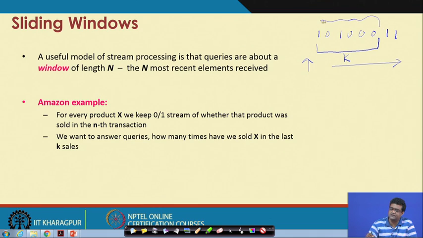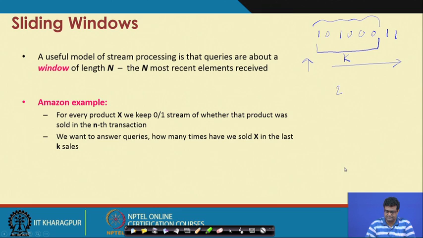How many times was this item sold? Somebody is browsing this item, and how many times has it been sold? It has been sold 2 times in this case. This is one practical application of why you would want to answer ad hoc queries on sliding windows.